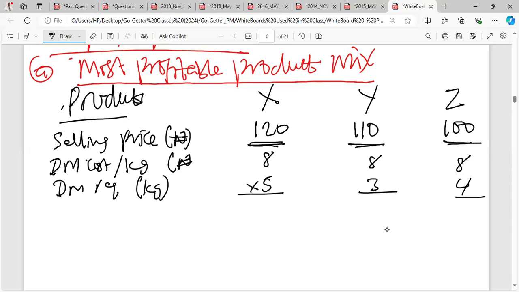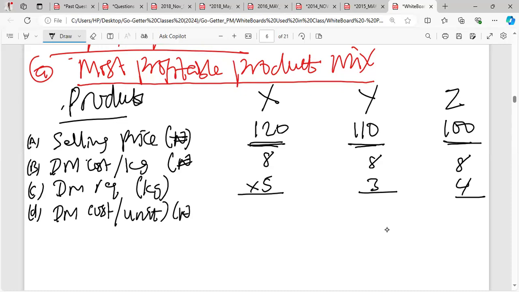Let me call this one A, B, C, D. So this is direct material cost per unit in naira. 5 times 8 gives me 40. 8 times 3 gives me 24. 8 times 4, 32.